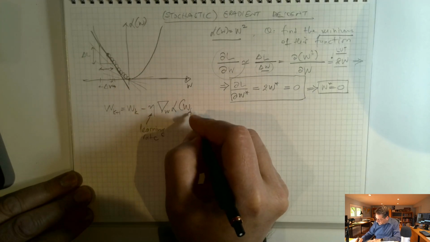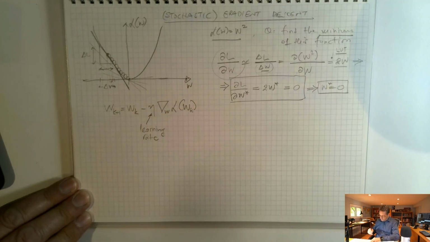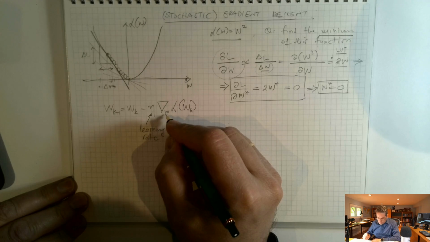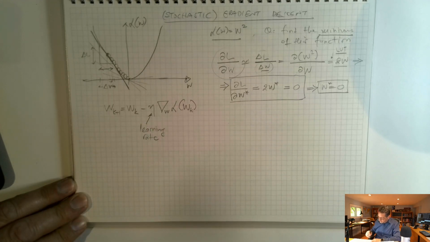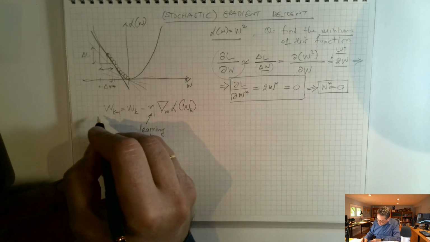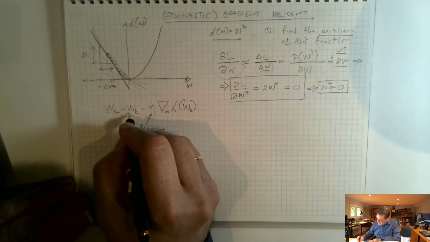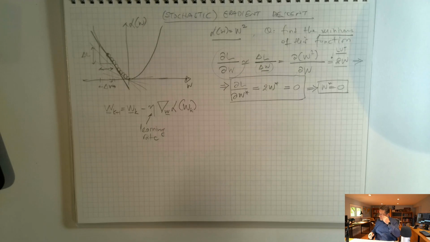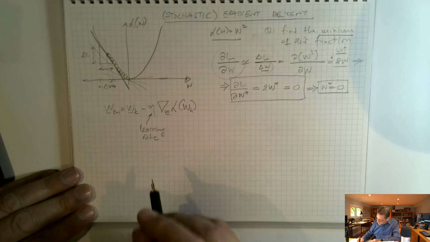This is the gradient of the loss function with respect to the parameter w, or the set of parameters w. So when we have many parameters, these are actually becoming vectors, and that's why we need to go into the next level up.